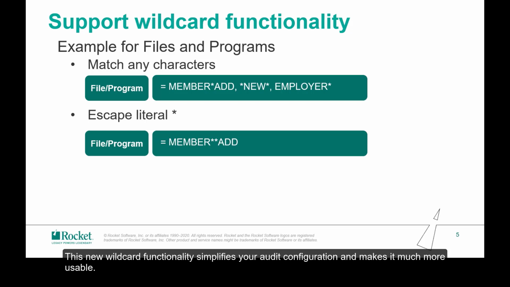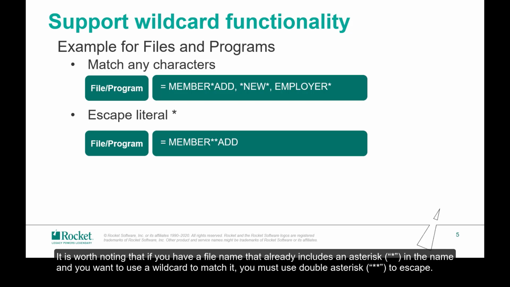This new wildcard functionality simplifies your audit configuration and makes it much more usable. It's worth noting that if you have a file name that already includes an asterisk in the name, and you want to use a wildcard to match it, you must use a double asterisk to escape.